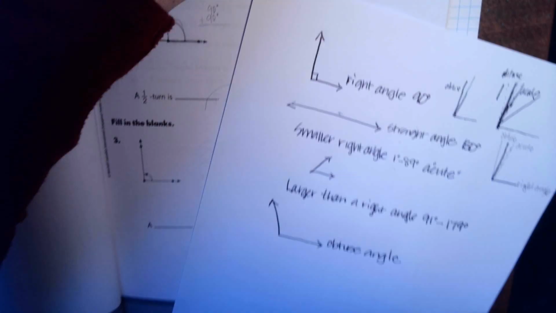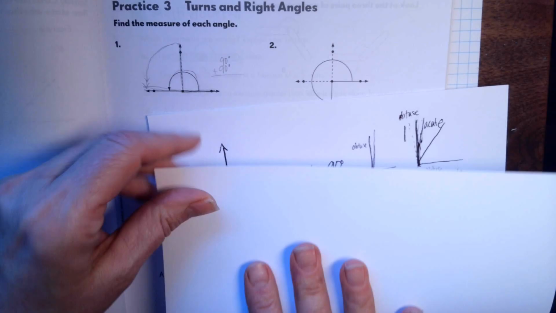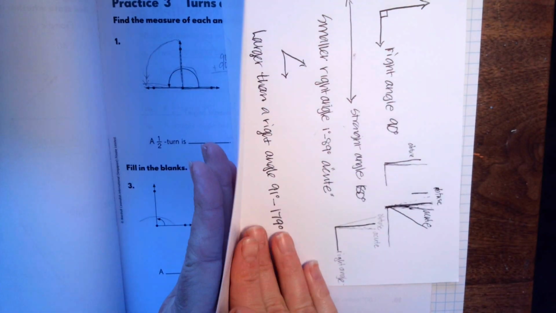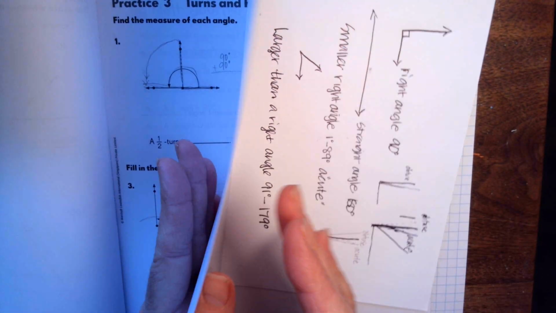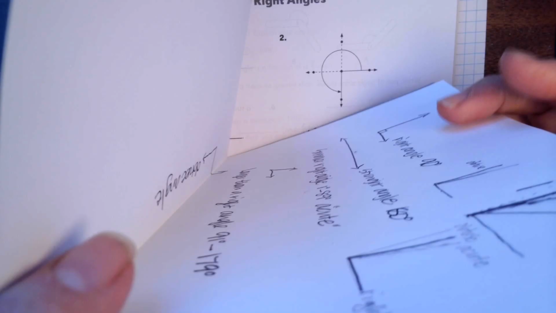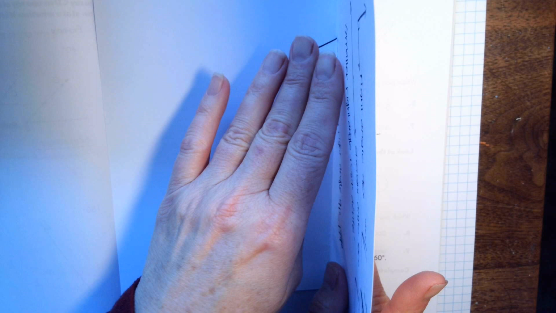So basically what that looks like is you have a right angle like this, right? This is a right angle because it's an L shape. See that L? So this is 90 degrees right here because it's like an L shape.